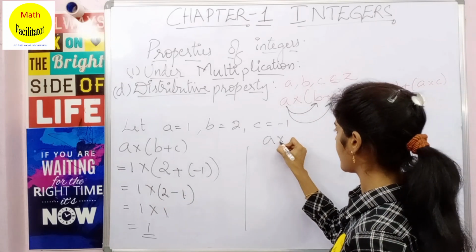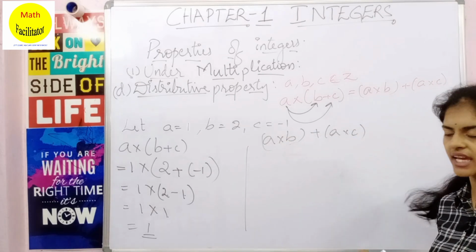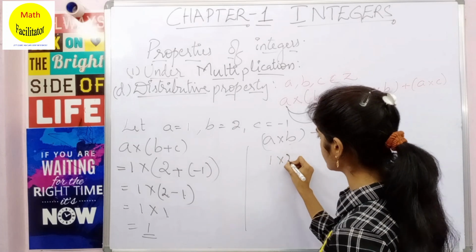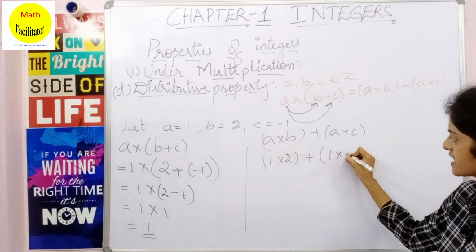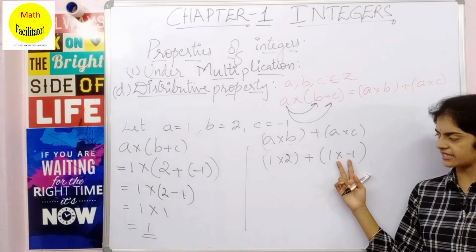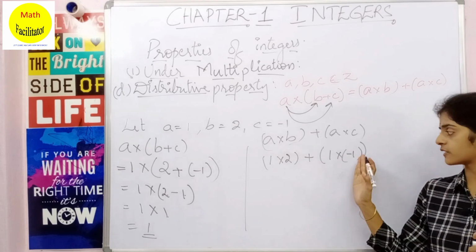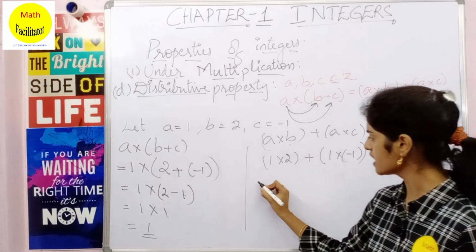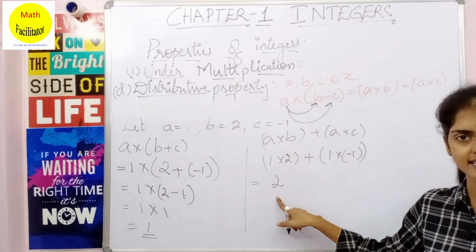RHS is A into B plus A into C. A is 1 into B is 2 plus A is 1 into C is minus 1. As I said, when you have 2 signs in this way, you will just write a bracket so that they don't mix up and there is no confusion. Now 1 into 2 is 2. Since you solved it, you will not write the brackets here.